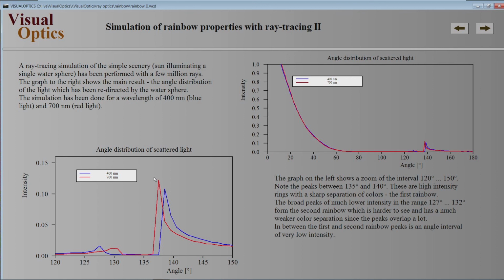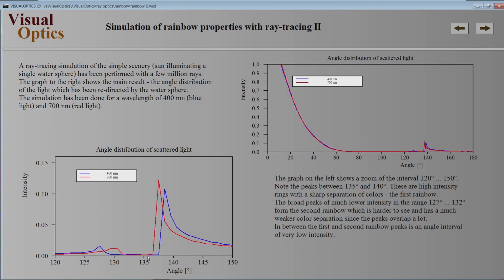This is the first reflection. The second reflection, the second internal reflection, causes a reverse direction of these colors that will show up when you observe them. That's the second rainbow. There's a dark zone in between, the dark zone between the first and second rainbow, and this is all well known from observations that you can do yourself.